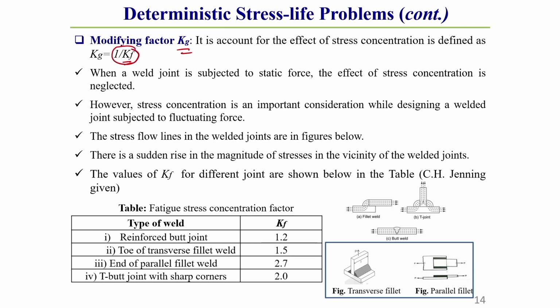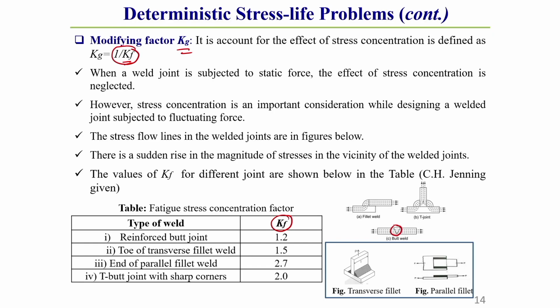So here, for different types of welded joints, I am showing some important Kf values, because depending upon the type of weld joint, the Kf factor values are different. Like for a reinforced type of butt weld, you see what is a reinforced butt weld joint. Reinforced butt weld joint means you see top reinforcement as well as bottom reinforcement.